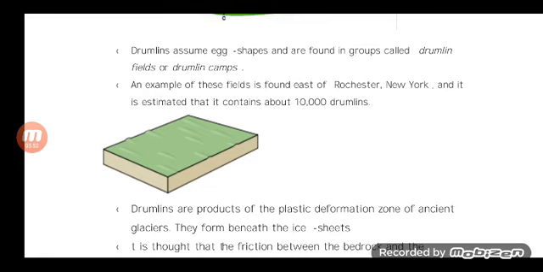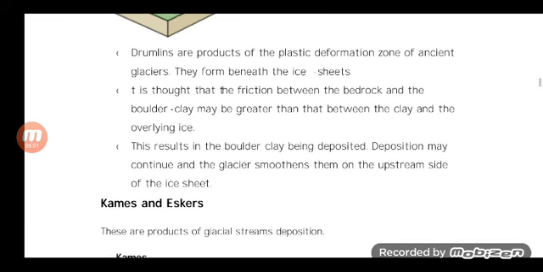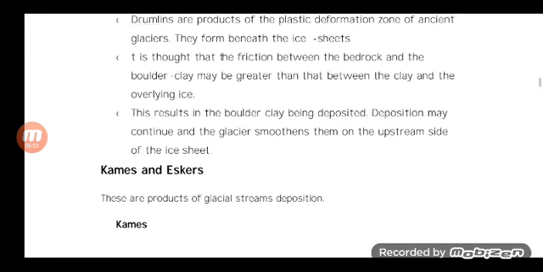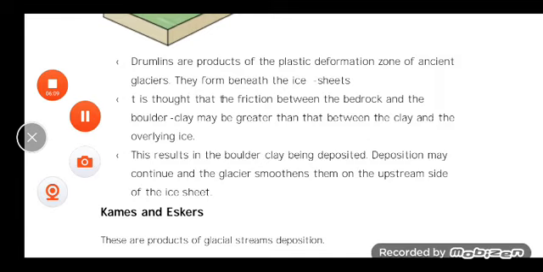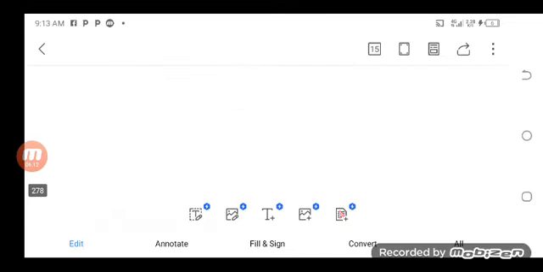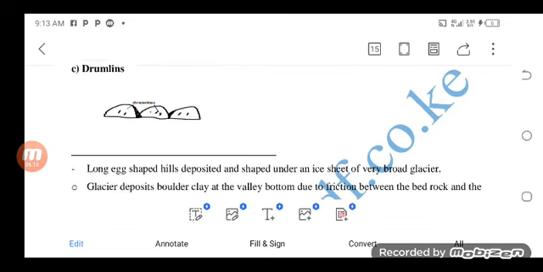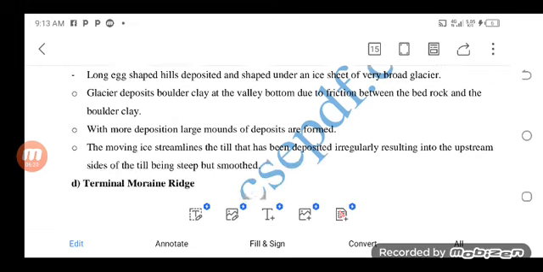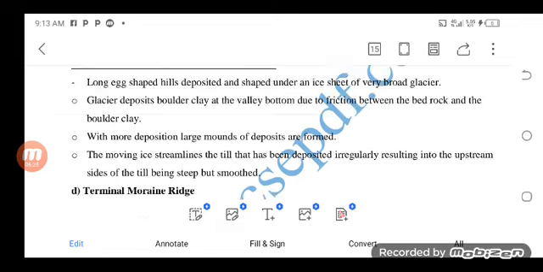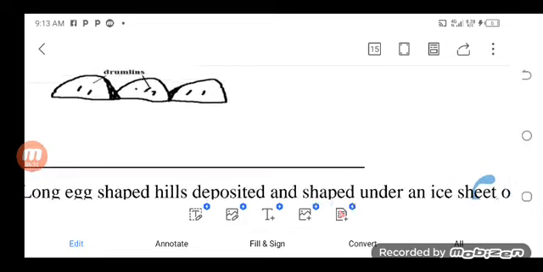They are found in groups called drumlin fields or drumlin swarms. And they are products of the plastic deformation of ancient glaciers. You can see they are egg-shaped. Looks interesting, right?